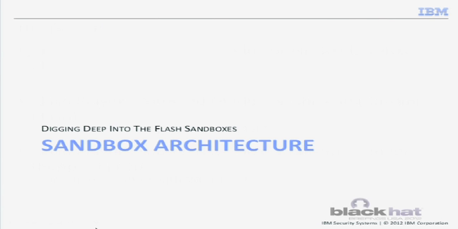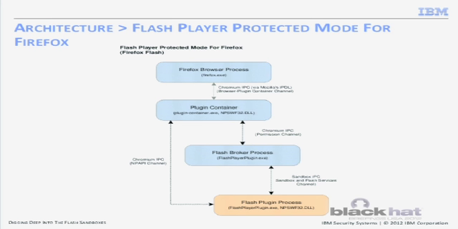Before we go deeper into the sandbox implementation, we will first discuss the sandbox architecture and the various components involved in the sandboxes. For Firefox Flash, we have the Firefox browser process, which is the process that starts when you first open Firefox, and the plugin container, and the Flash broker process, which is an instance of the Flash Player plugin, and the Sandbox Flash plugin process, which is also an instance of the Flash Player plugin, but sandboxed.